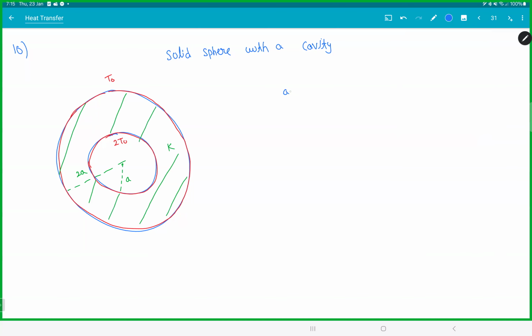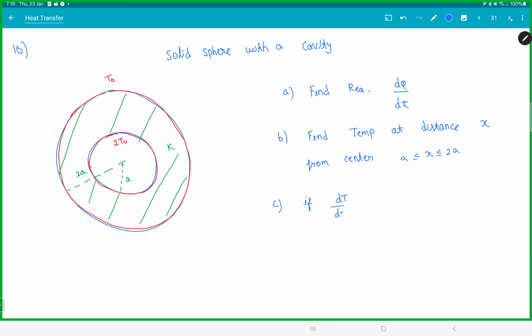First question. Find R equivalent, find dq by dt. Find temperature at a distance x from center, where x lies between A to 2A. So when you go from A to 2A, how does the temperature vary?